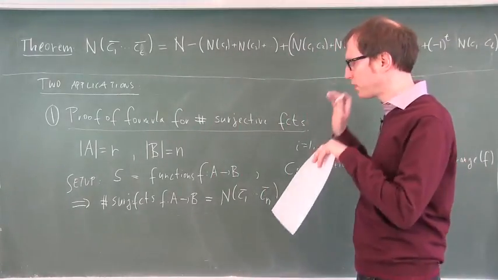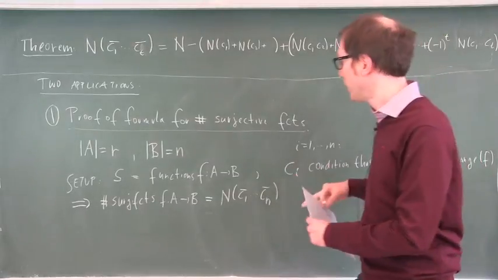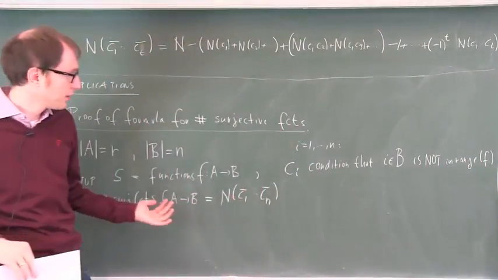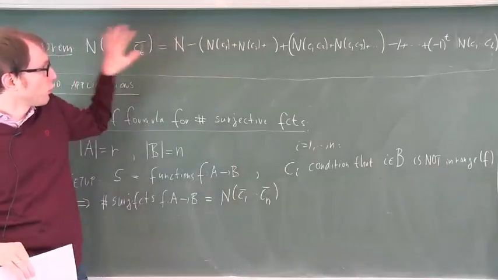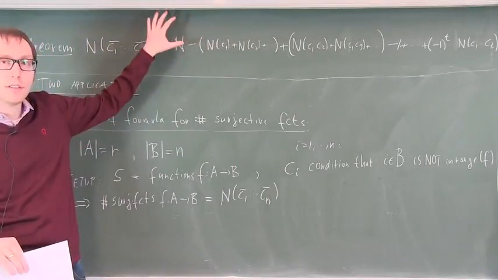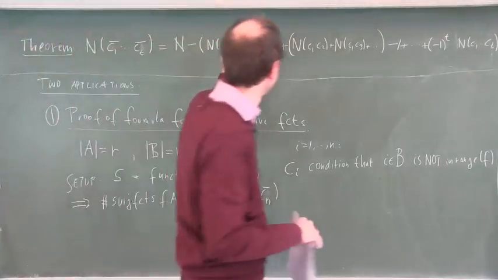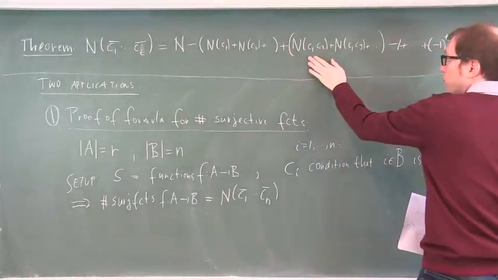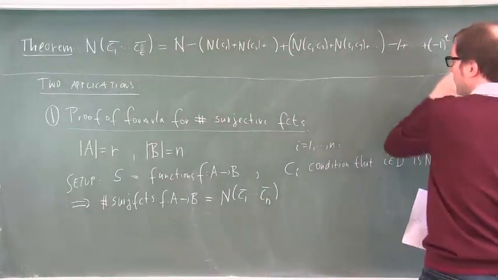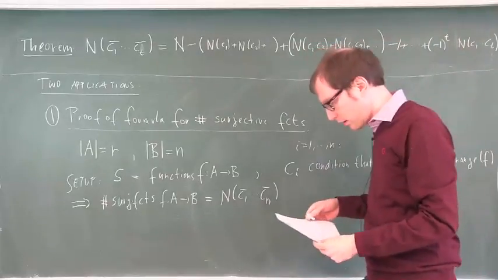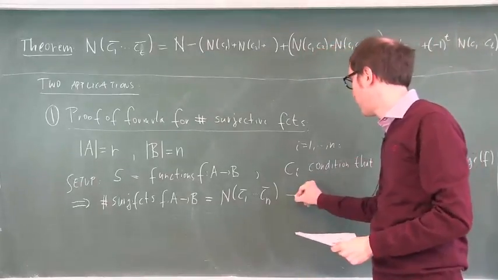This is really the most difficult part in many cases, to come up with the right Ci's. Now, in this case, we can just plug in the formula, and then we have to find out, and again think about, how we have to evaluate all of these expressions. So let's do this.